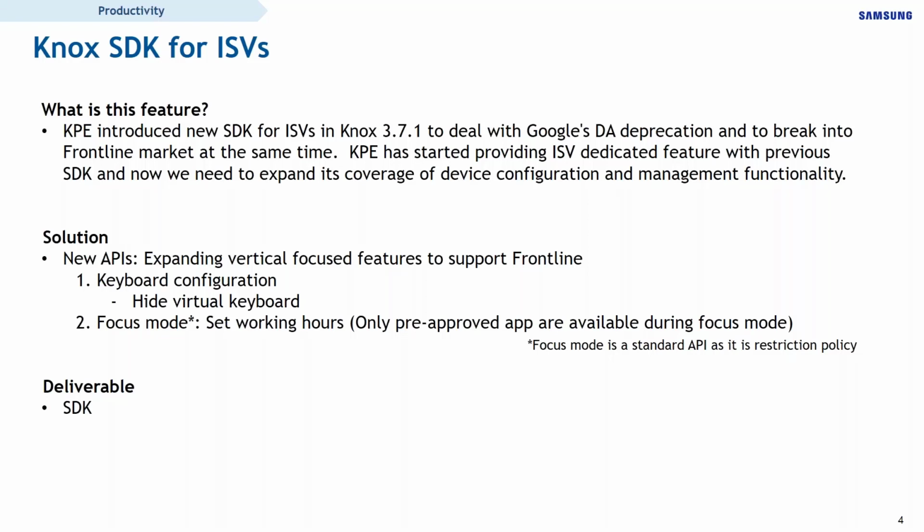First off, we have the Knox SDK for independent software vendors. Initially introduced in the Knox 3.7.1 version to deal with Google's DA deprecation and to break into the frontline market at the same time, KPE has started providing ISV dedicated features with previous SDKs, and now we need to expand its coverage of device configuration and management functionality.